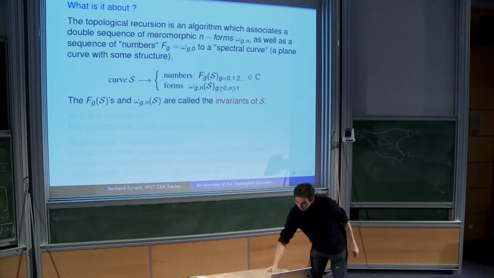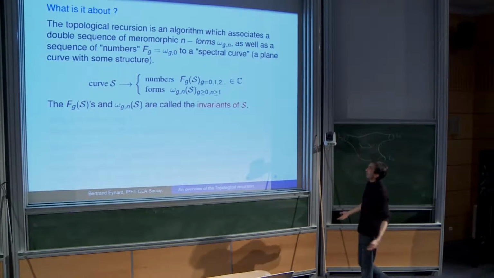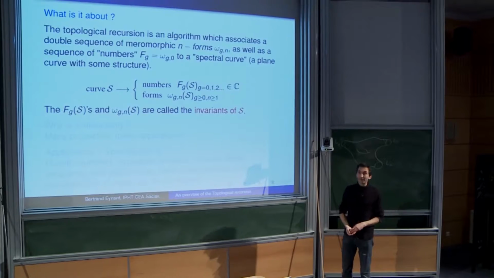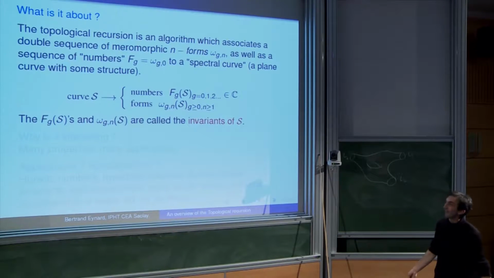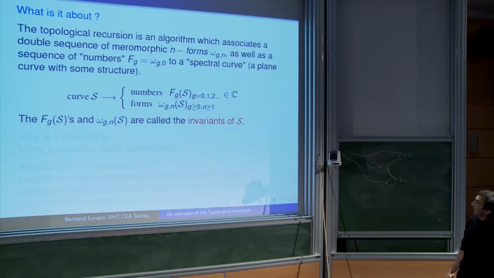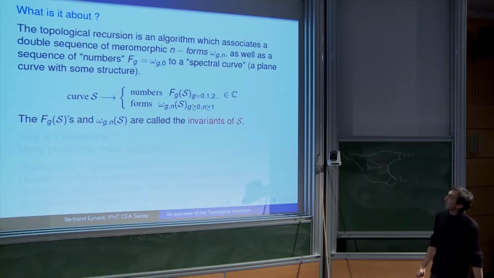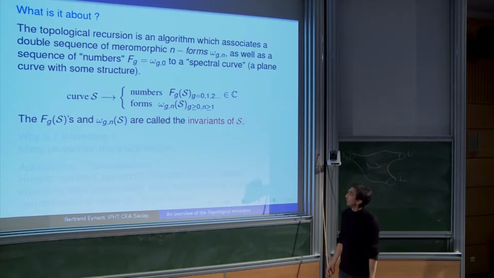Well, the topological recursion at the moment, the state of the art, the theory is not finished. It's a newborn theory. It's not yet completely established, but the topological recursion is mostly a recursive algorithm, which associates a double sequence of n forms, and also numbers, F_g's, to a spectral curve.